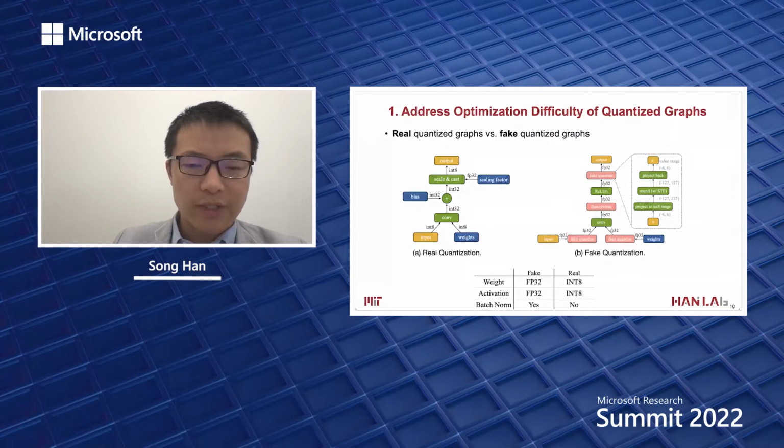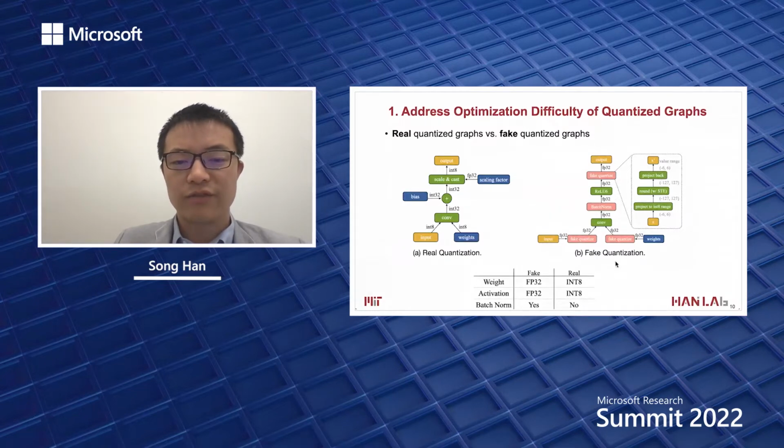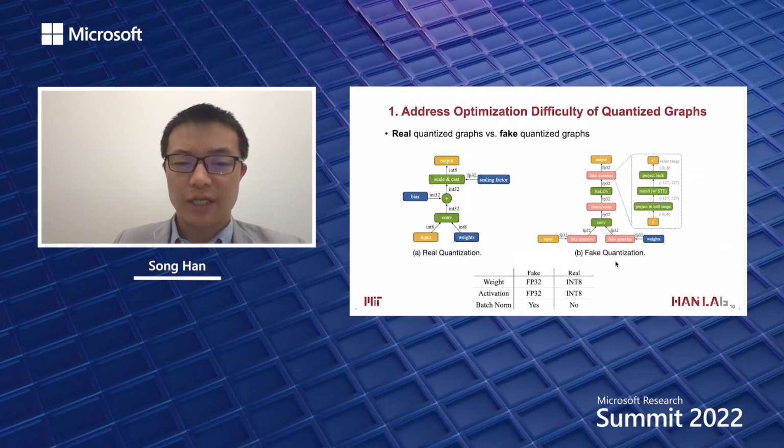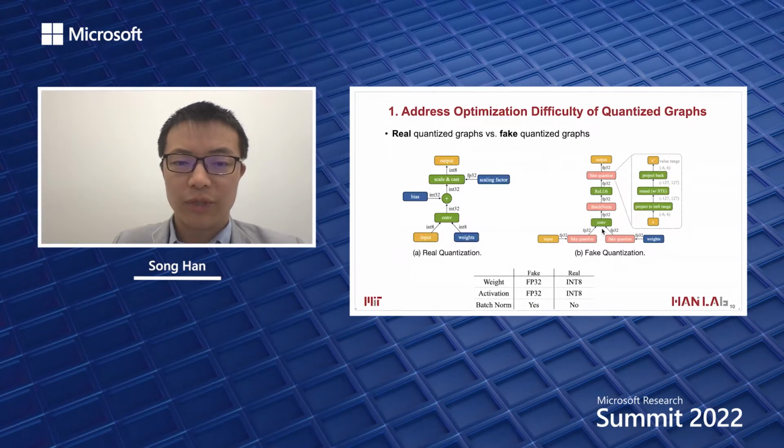This is a comparison where on the left-hand side is the real quantized graph, which happens during inference, and on the right-hand side is the fake quantized graph, which is used during quantization-aware fine-tuning, which usually happens in the cloud. The purpose of quantization-aware fine-tuning is to obtain the final integer-only model. But during this process, the full floating point number is maintained in the background, right?